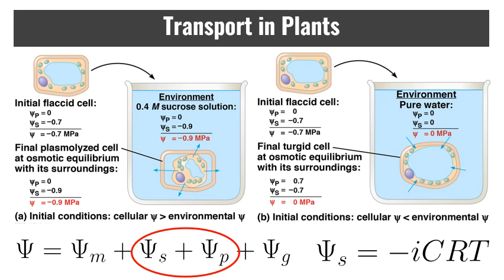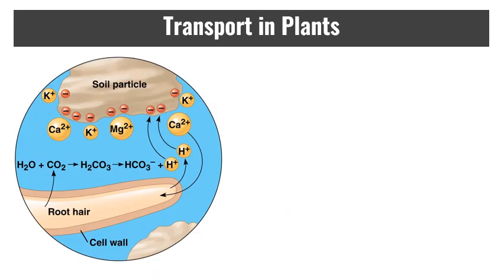If it's a turgid cell, the psi p is equal and opposite to the psi s, and the total water potential is 0. So you should be able to figure out that information by looking backwards. So just be aware that you could be expected to do that. Transport in plants depends upon these numbers, and it is something that you are expected to be able to calculate yourself.